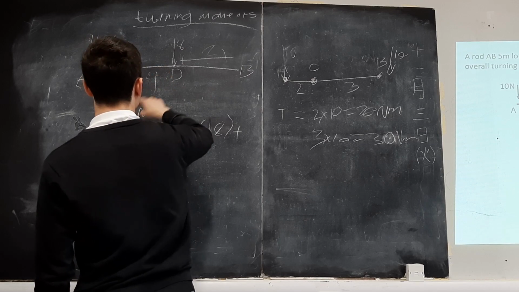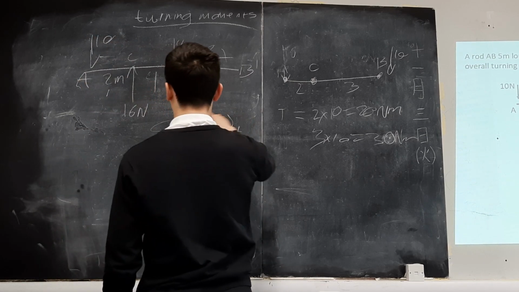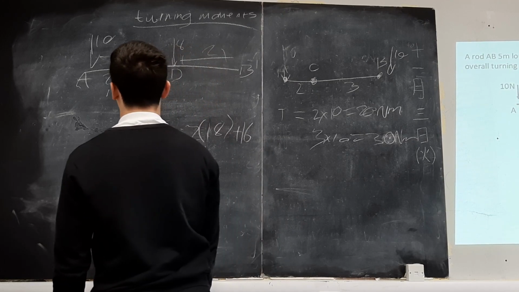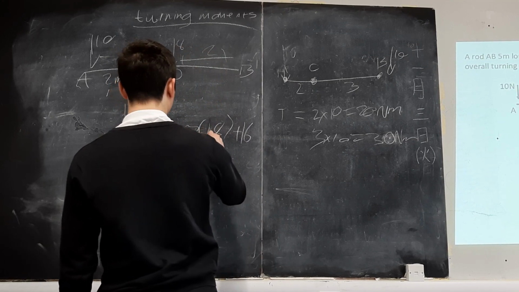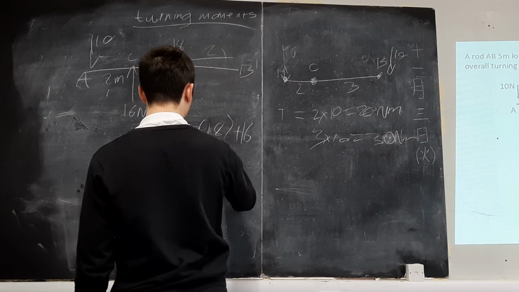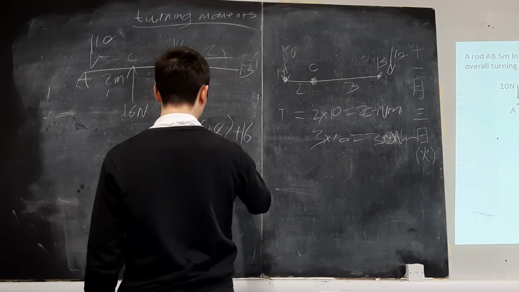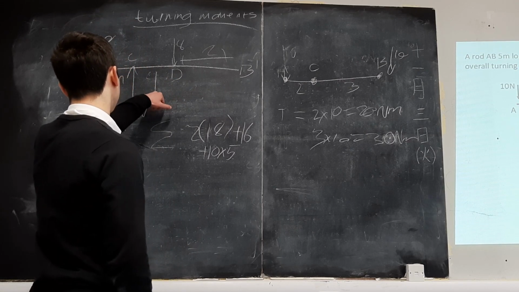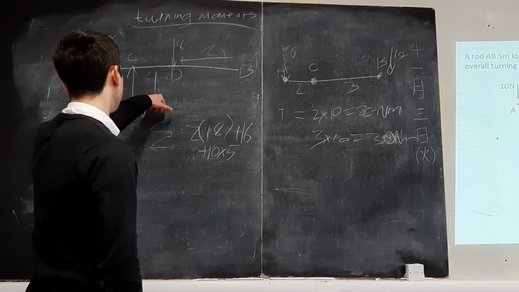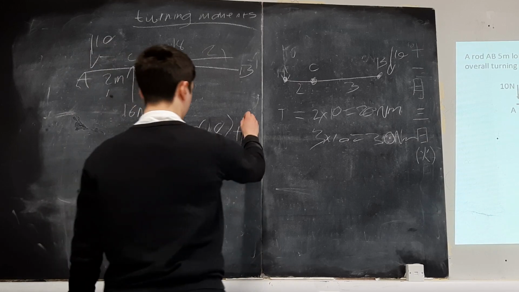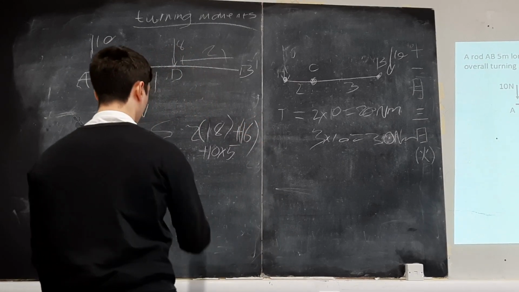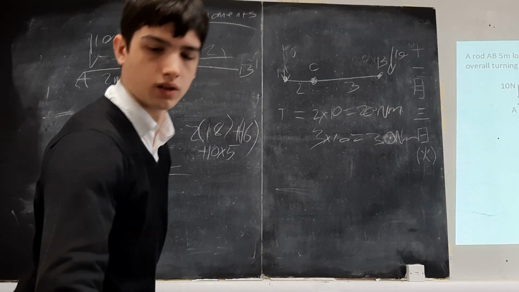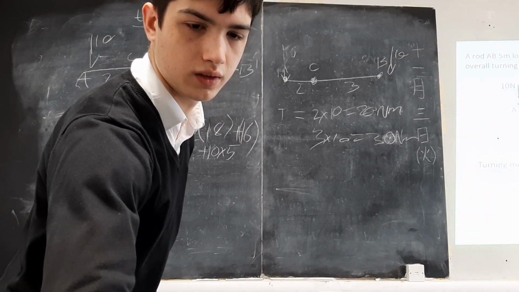So 16, so just 16, plus 10 times 5. But this is supposed to be negative. Yeah? So it's negative 16. Anyone have a calculator? No, let's just see if I did this right. We do have a calculator.